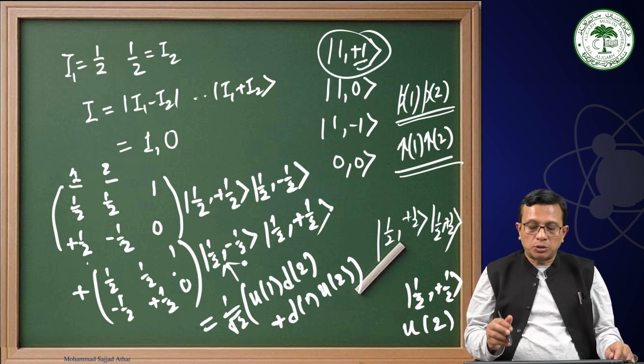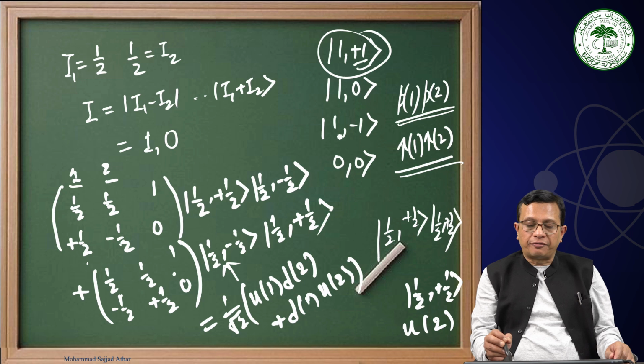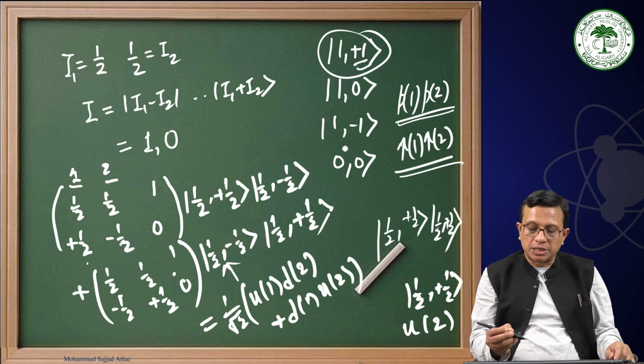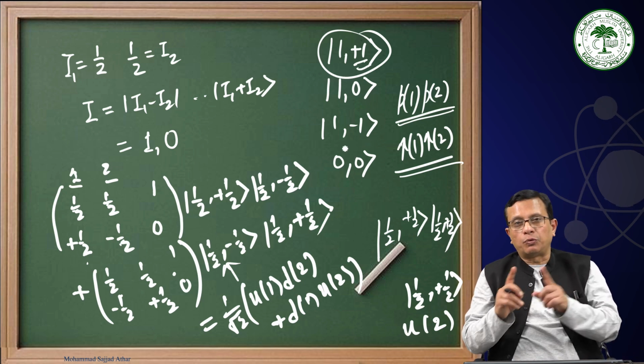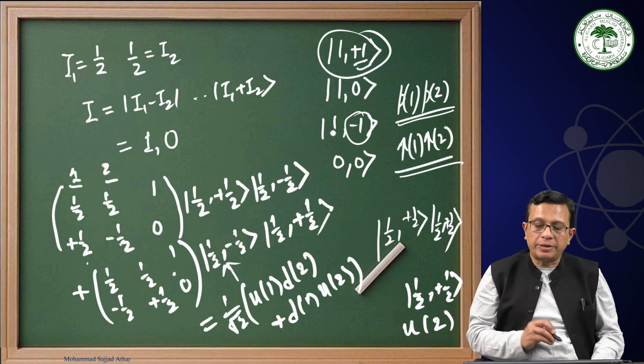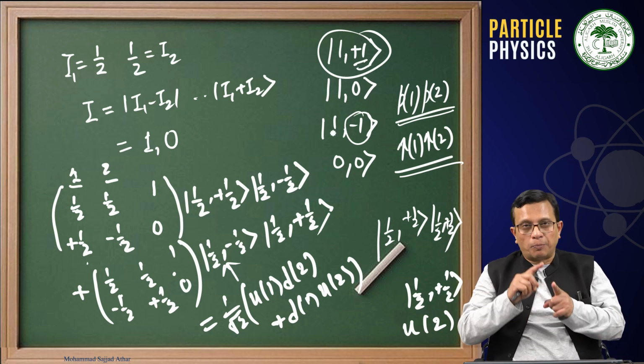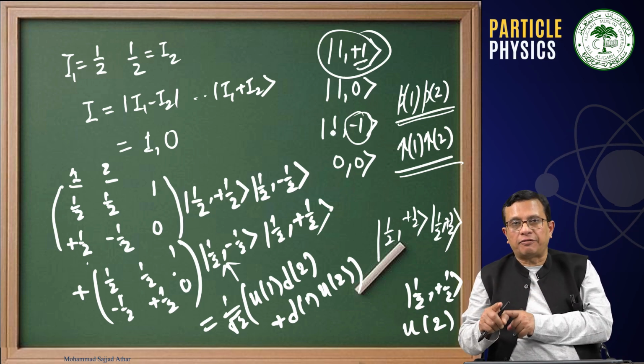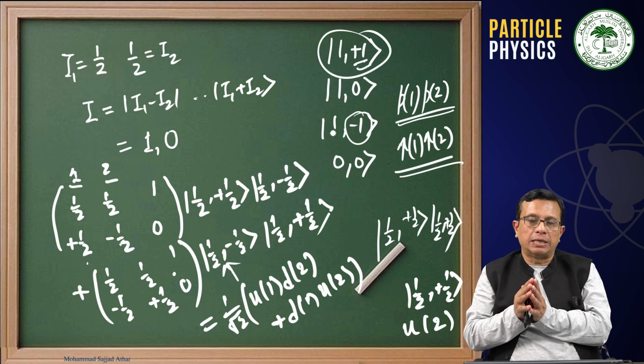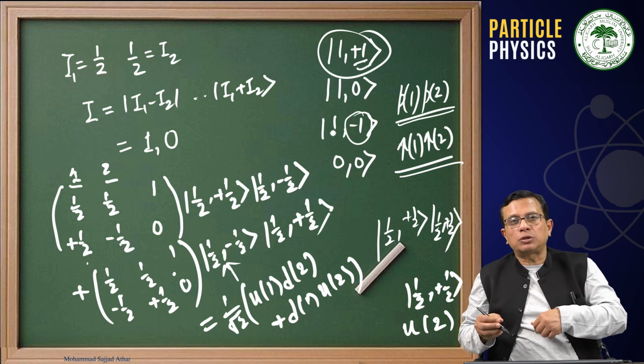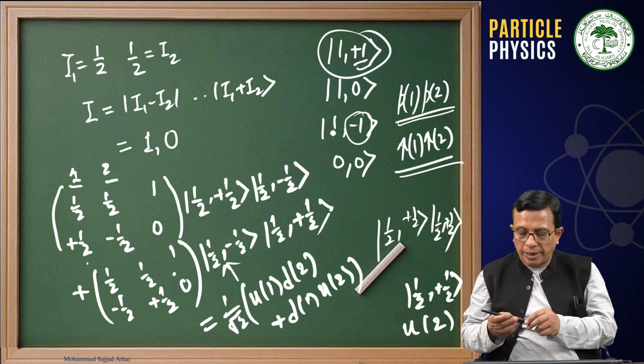Then if we want to write for 1 minus 1, again you see, we are talking about 1 minus 1. Minus 1 we can only get when minus half and minus half are algebraically added, and that means both of the projections should be minus half.